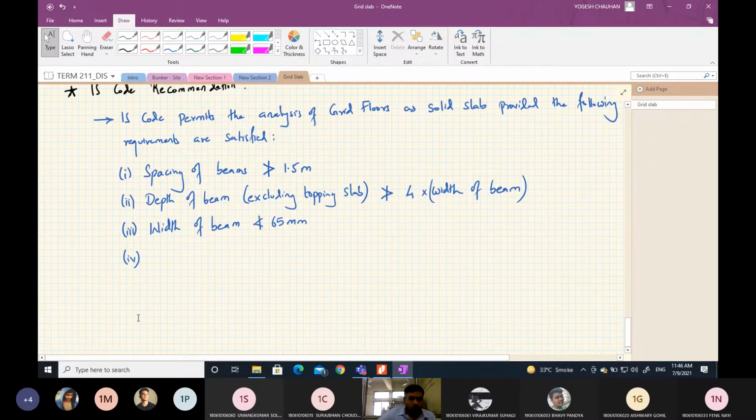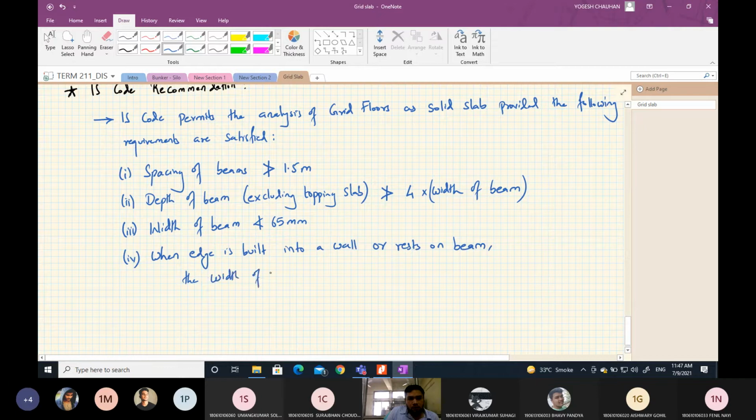Fourth case, when edges are built into the wall or rest on a beam, the width of the rib should be at least as wide as the bearing.